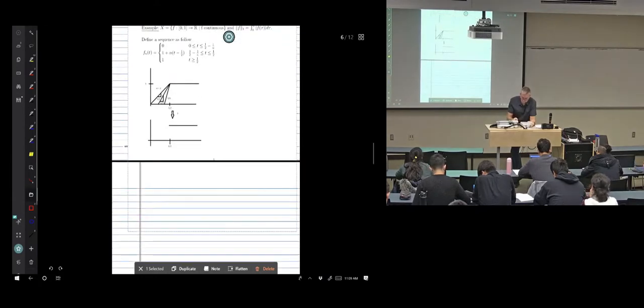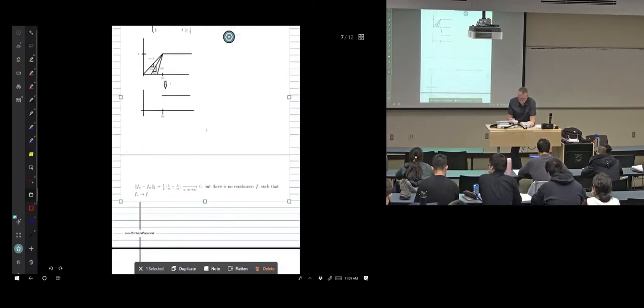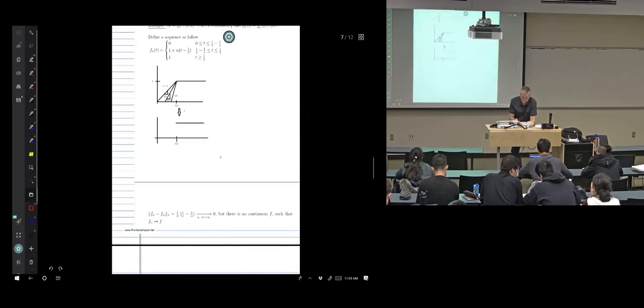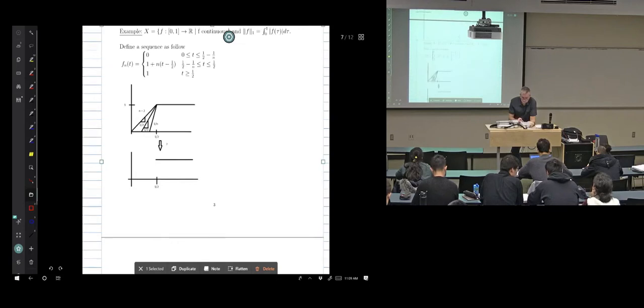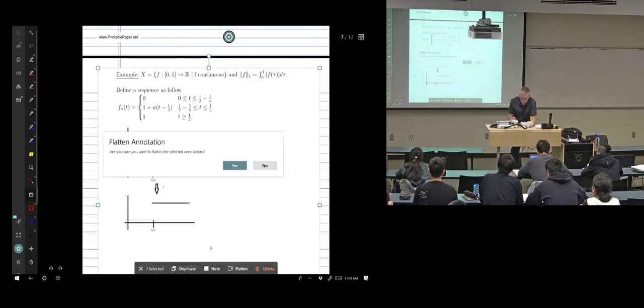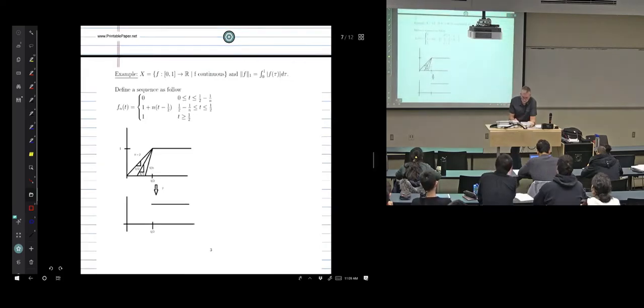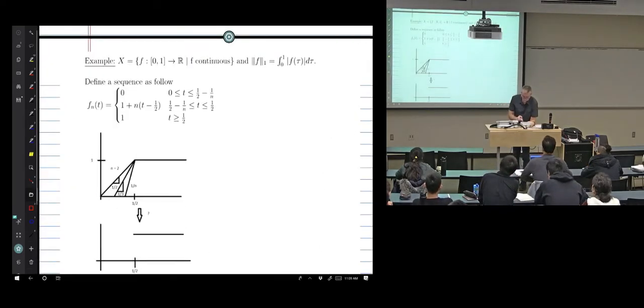Looks like I need to have it all in one page. Oh, come on. I'll fix you. Flatten. Yes, you're not moving ever again. You're embedded into the PDF.